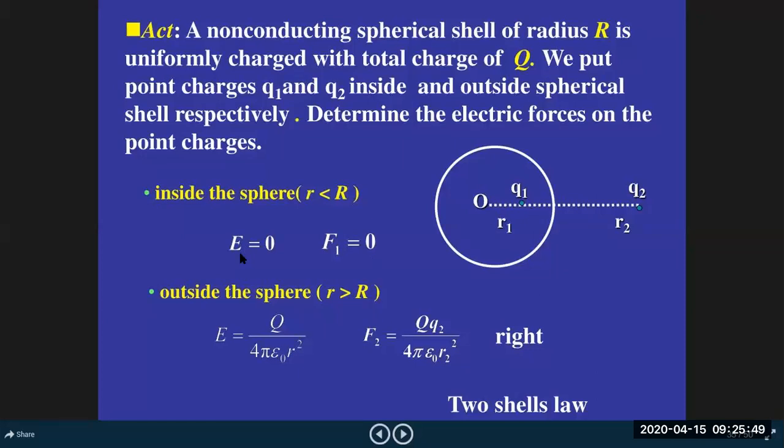Electric field due to the charge on the shell is 0 inside the shell because no charge is enclosed inside the shell. Determine the electric force on the point charge.